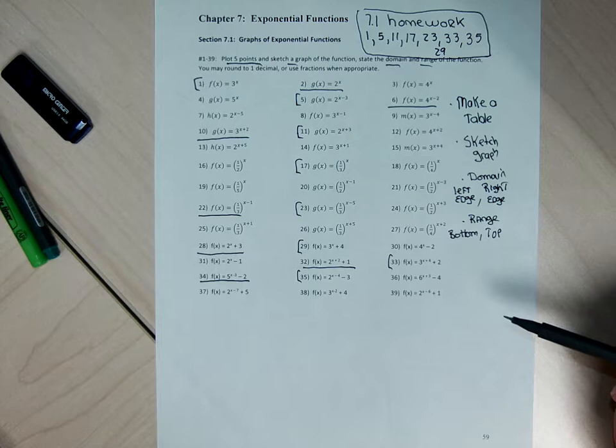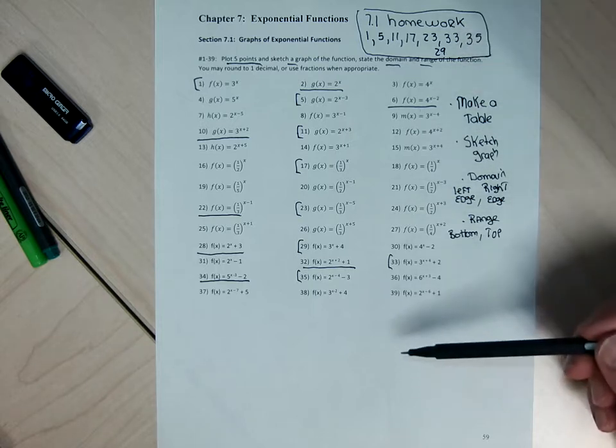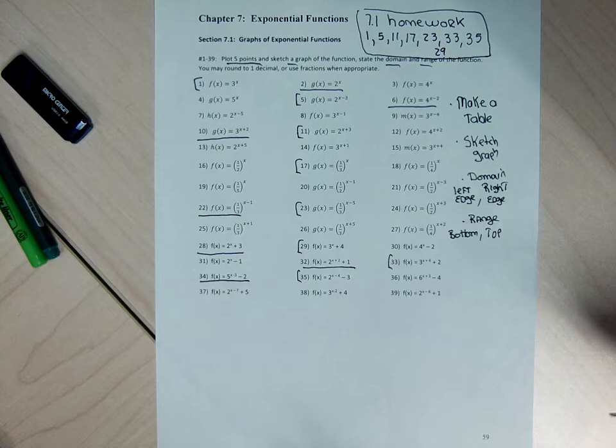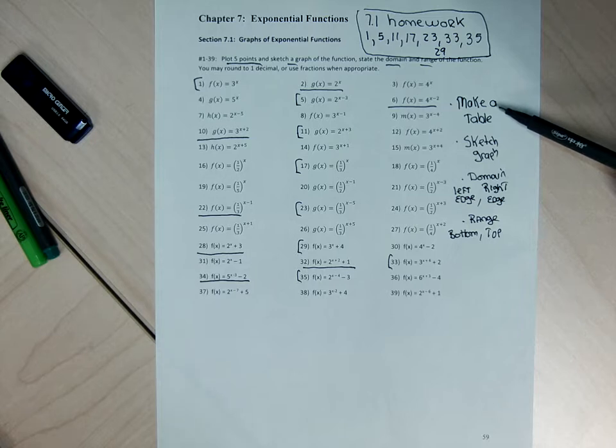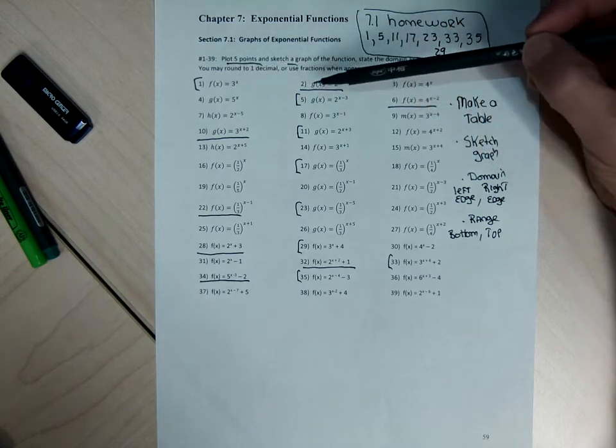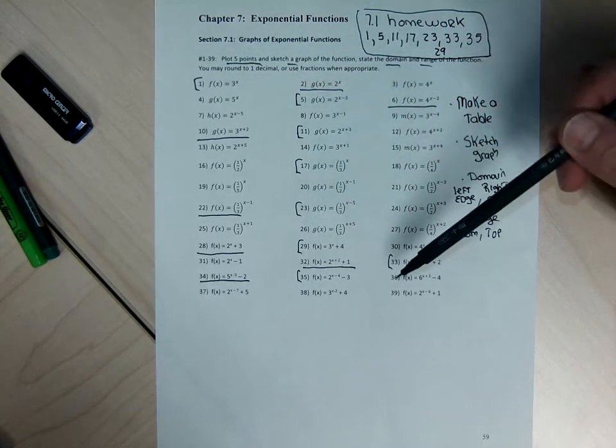So instead of doing all the problems one at a time, I'm going to globally just talk about the theory that we're going to apply, how I'm going to decide on what the appropriate table for a graph is going to be, how I'm going to know what the domain and range are of the graphs, and then I'll get into the messy details.